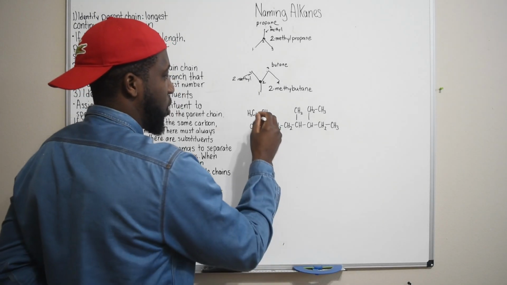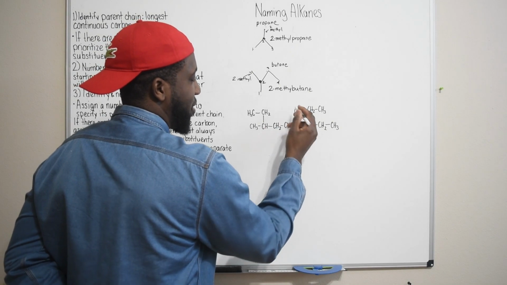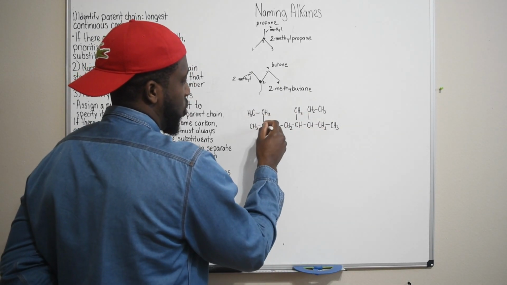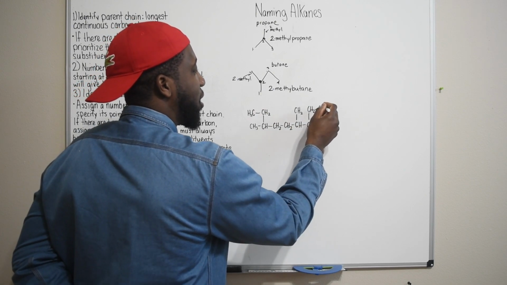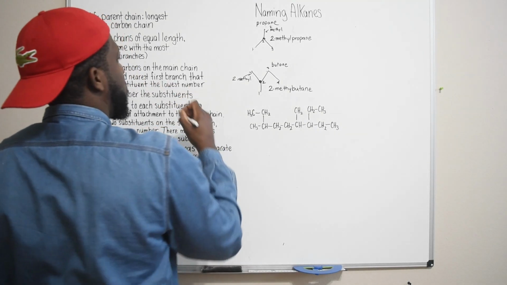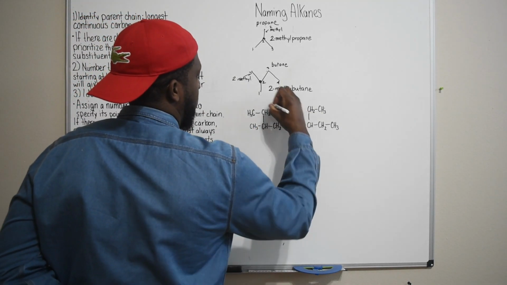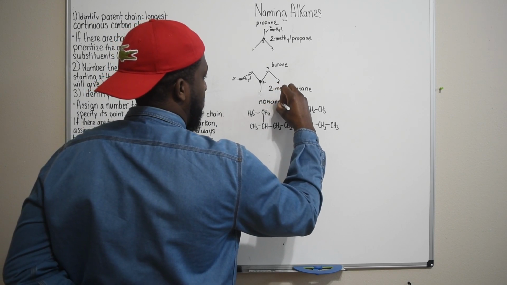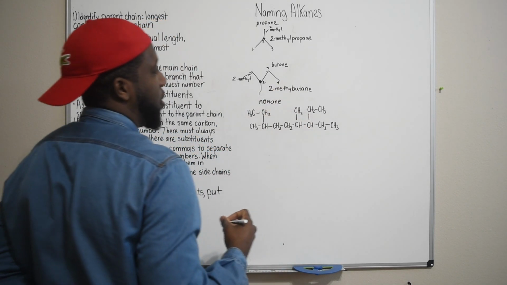Let's just make sure though. We can go 1 through 7, that's heptane, but 9 is greater than 7, so it's not heptane. Either way, it's nonane, a 9-carbon hydrocarbon.